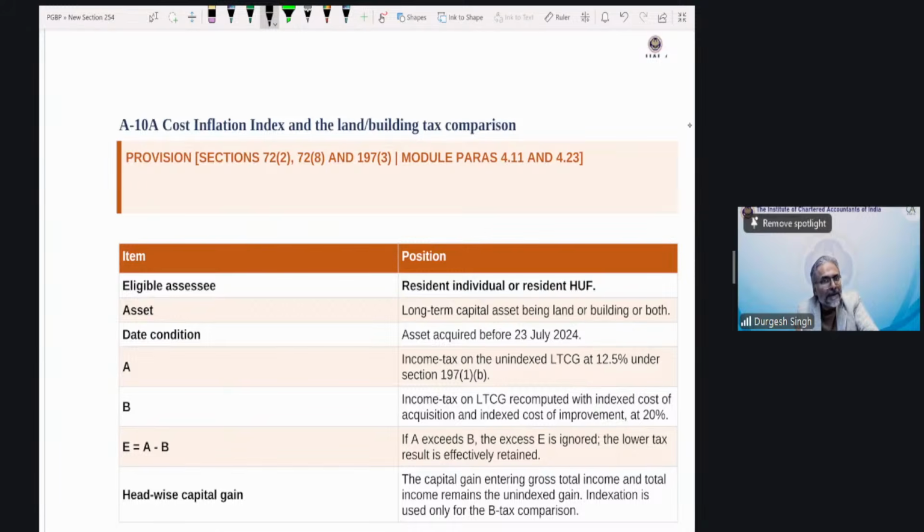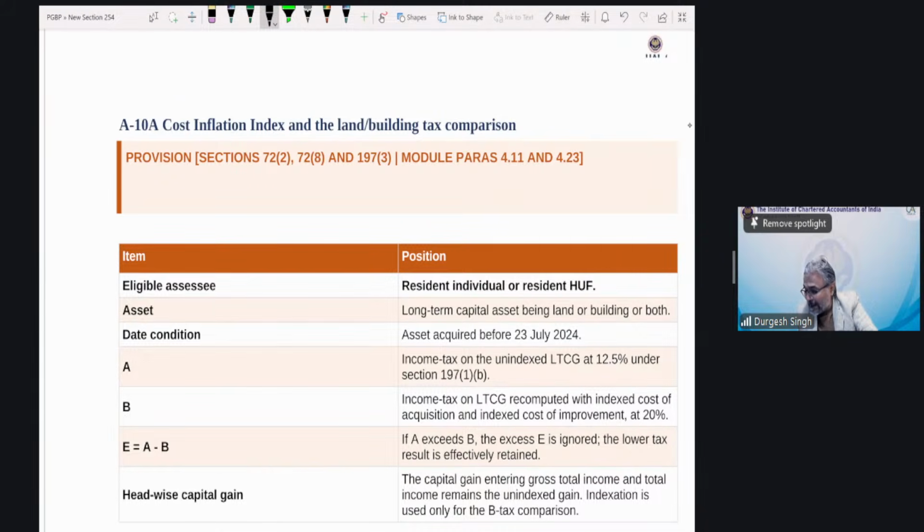By the way, students, that rebate and that unabsorbed basic exemption limit, can you just write that in your notes? This unabsorbed basic exemption limit and the rebate, where rebate is applicable probably in the normal old tax regime.